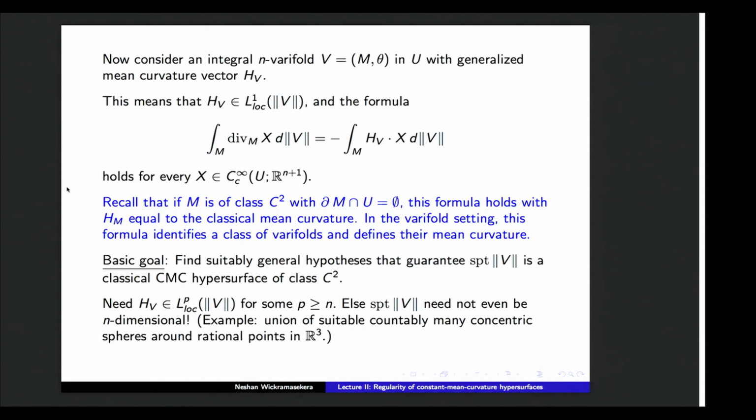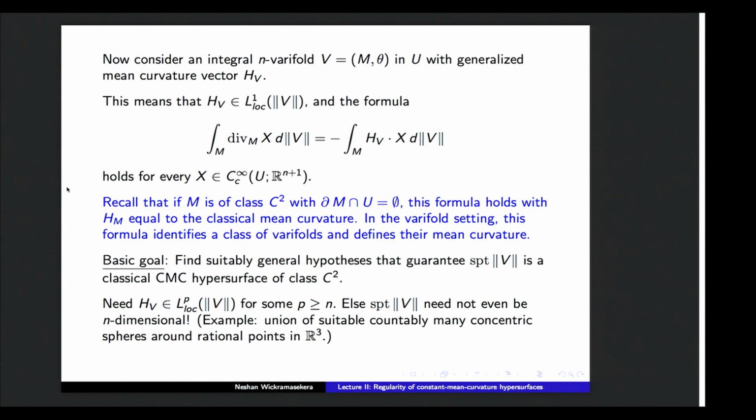Okay, so that's the classical setting, and now we immediately go to the varifold setting. Integral varifold, again, as before. Before, I defined stationarity by saying that this side is 0. Remember, this weight measure is just theta times the Hausdorff measure. So now we are going to define what it means for this varifold to have a mean curvature.